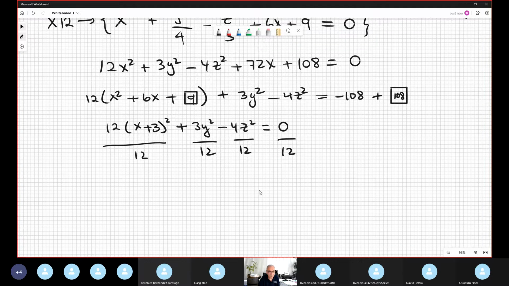So we have (x plus 3) squared plus y squared over 4, because 12 divided by 3 is 4, and 12 divided by 4 is 3, minus z squared divided by 3. And unfortunately, I cannot guarantee 1, I guarantee 0, okay?